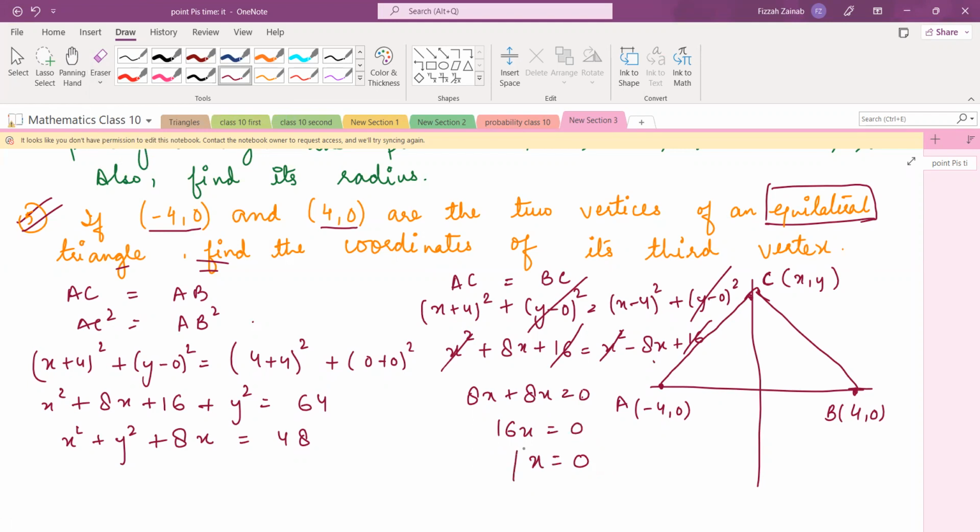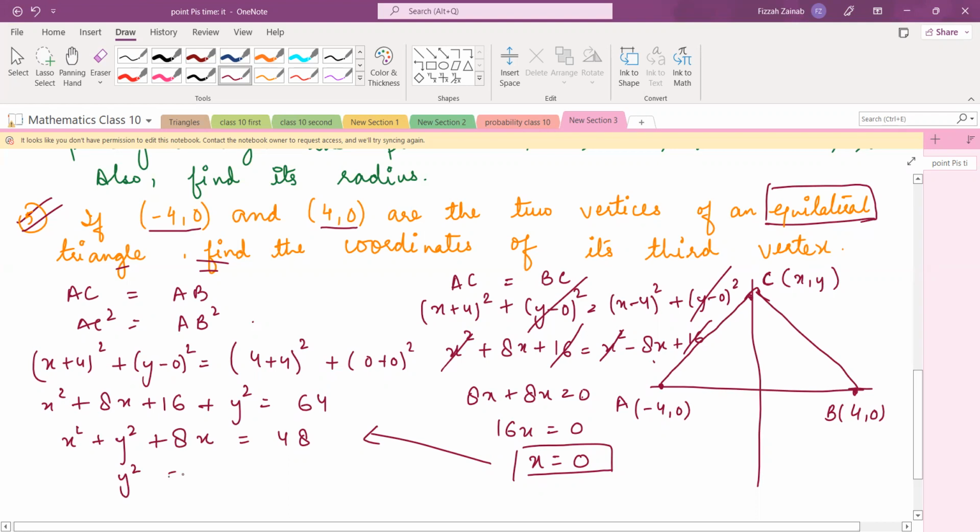So at least one coordinate you have got. And no problem, just put this value here, right? So what you get? 0, y square plus 0 is equal to 48, right? So 48 is not a perfect square. So anyway, y is the square root of 48, no problem.